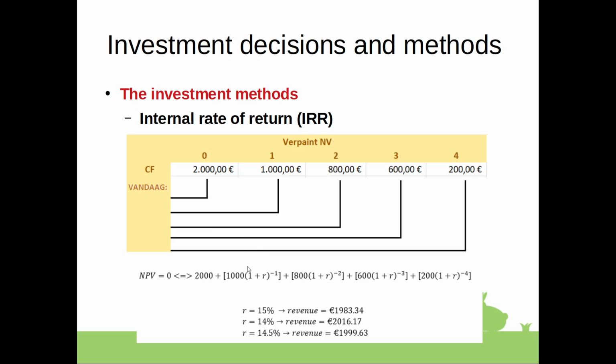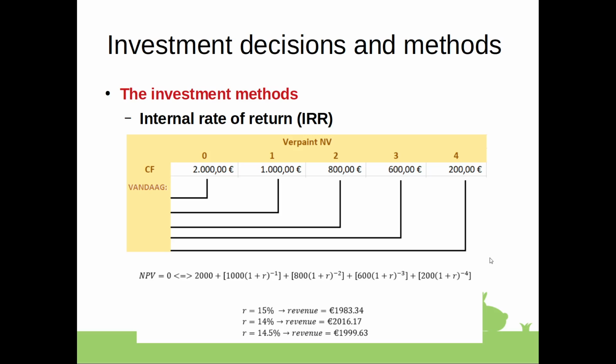Then we have to multiply the next number, 1000, with the u to the power of minus n. But the thing is, right now, I don't know my return because I'm looking for it. That's the whole thing. I'm looking for r. So right now, this value is unknown. And as you can see, for the second, third, and fourth one, r will always be unknown, but it's the only unknown variable there.